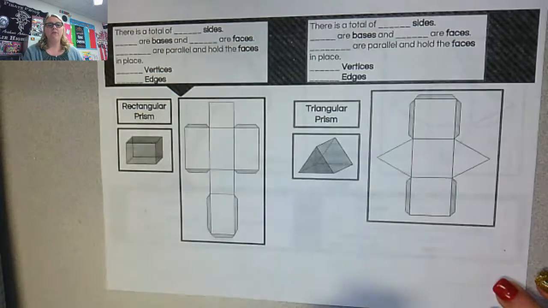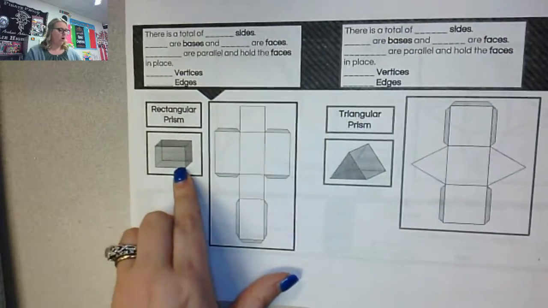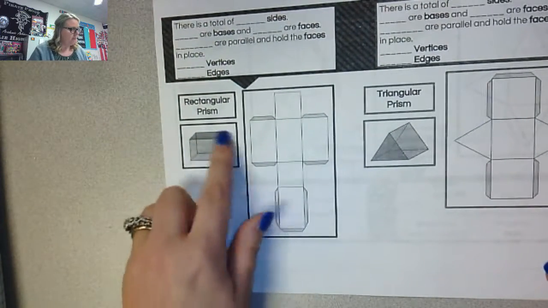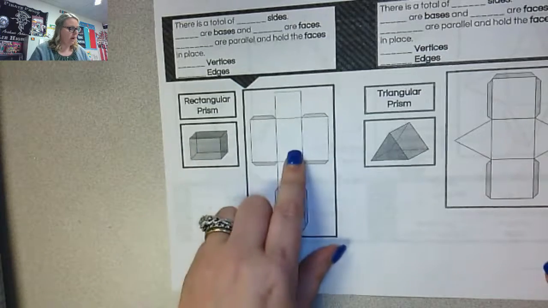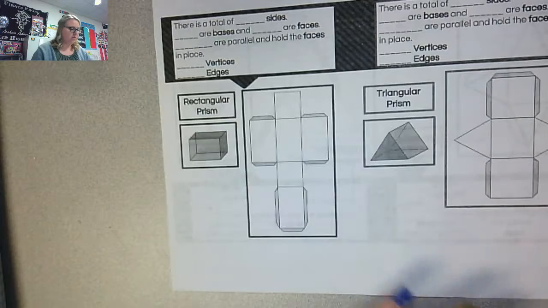So we're going to talk about 4 different types of shapes, split up into 2 prisms and 2 pyramids. The first one we're going to talk about is a rectangular prism. On your left, you have a rectangular prism all put together, and on the right, you have your rectangular prism all opened up into a net.